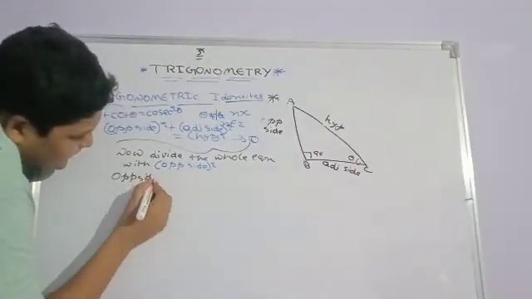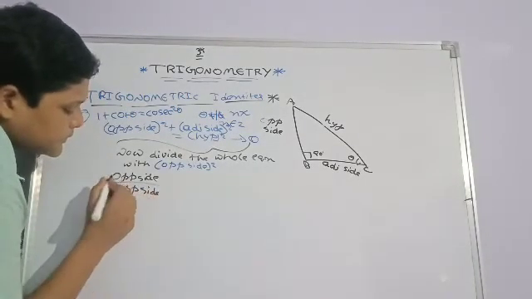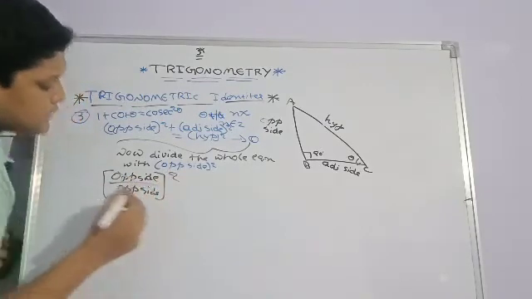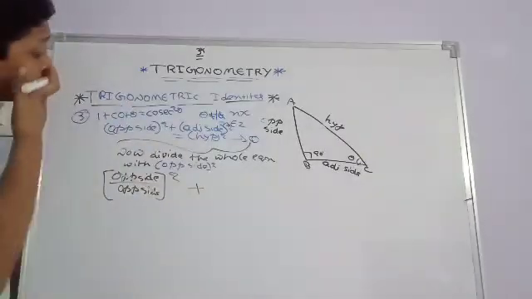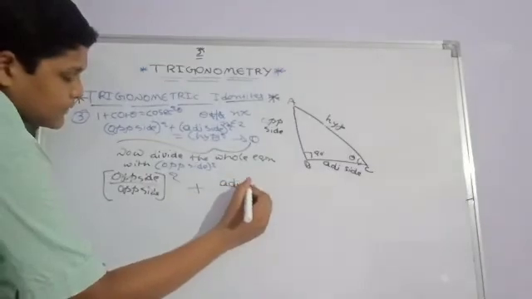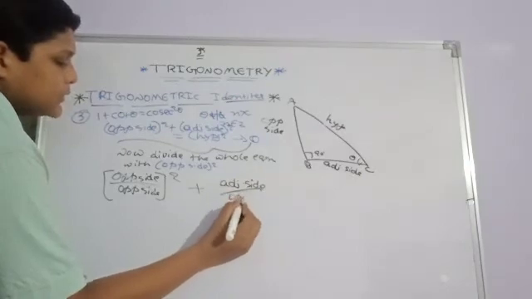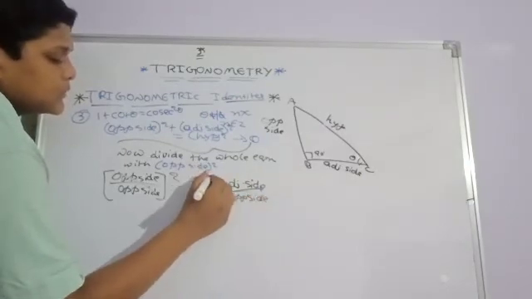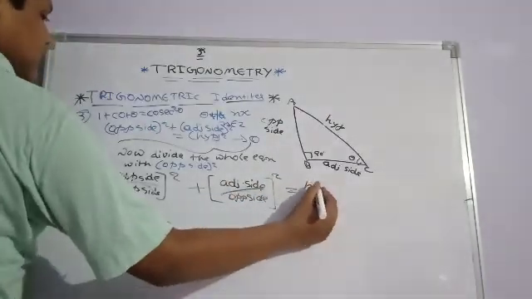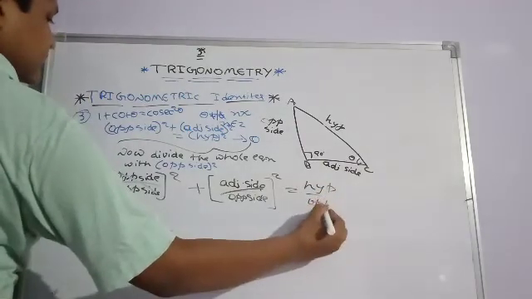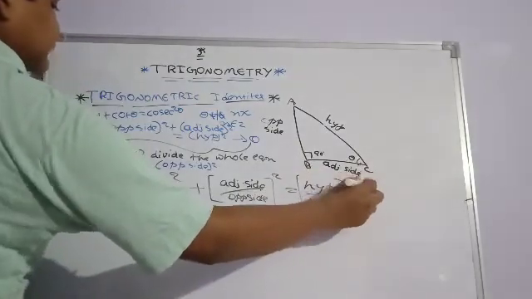Opposite side whole square by opposite side whole square totally gets cancelled and remains 1, plus adjacent side whole square by opposite side whole square is equals to hypotenuse whole square by opposite side whole square.